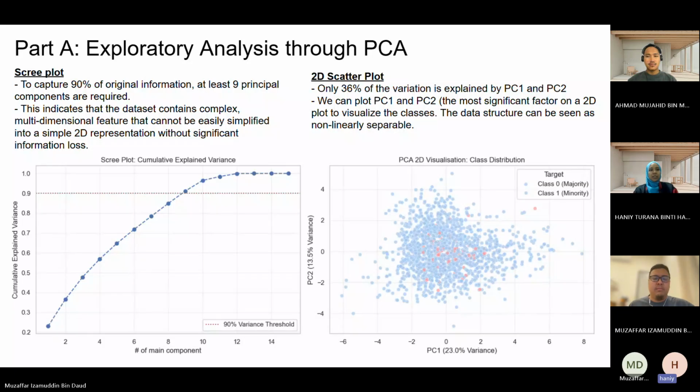With the 2D plot, only 36% of the variation can be explained by PC1 and PC2. We can plot PC1 and PC2 to visualize the classes, and from the PCA 2D visualization here, the structure can be seen as non-linearly separable. Next.